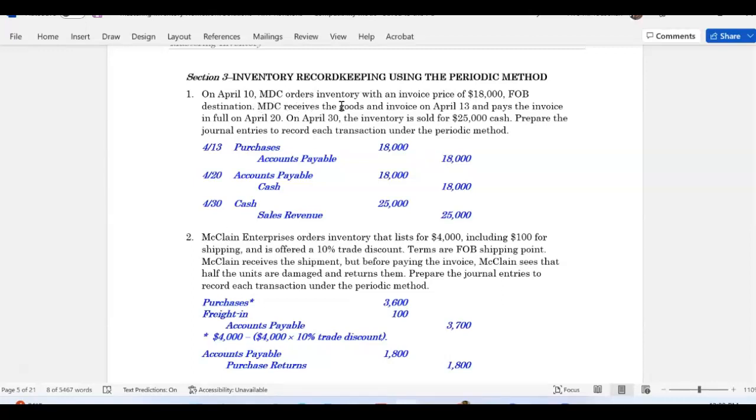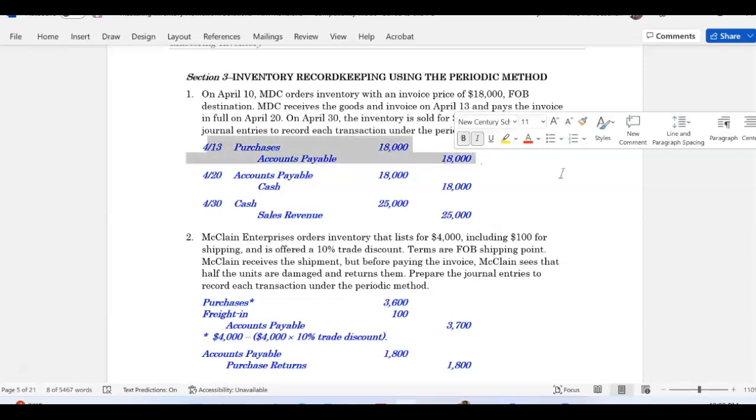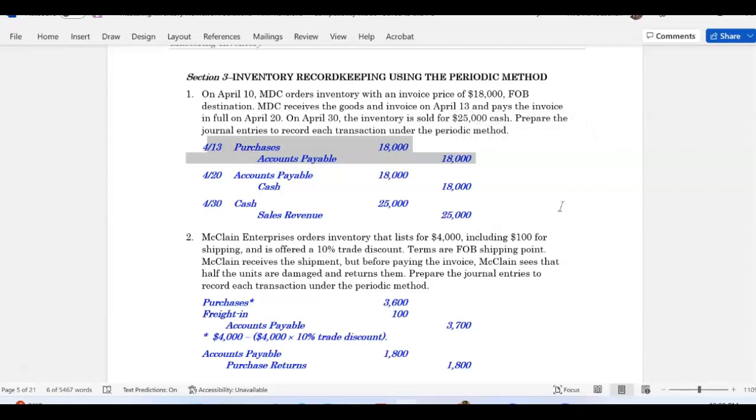So MDC receives the goods and the invoice on April 13th. Starting April 13th, MDC is the owner, and MDC will recognize this journal entry. The Purchase T account will be debited to show that we got some merchandise, and accounts payable will be credited to show the liability.